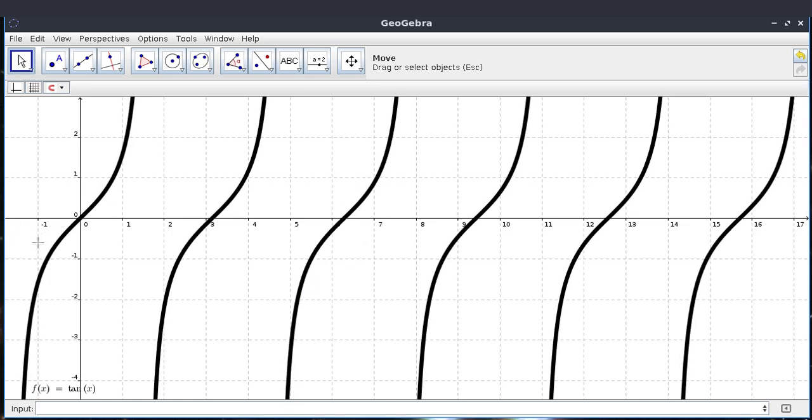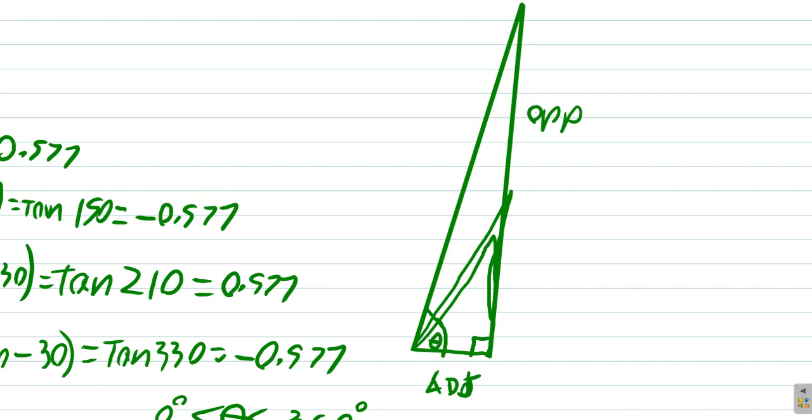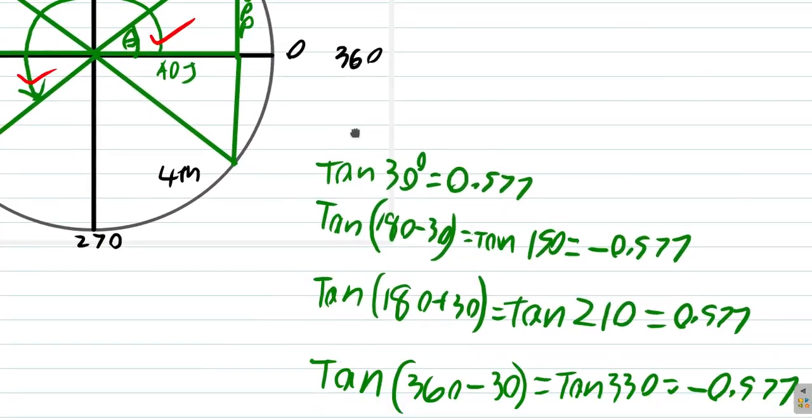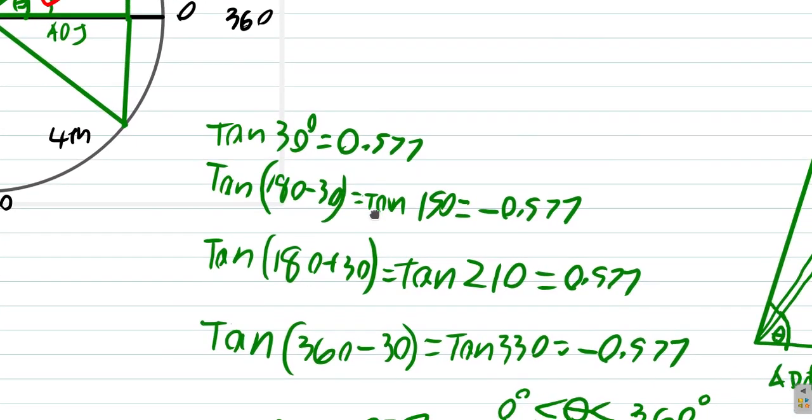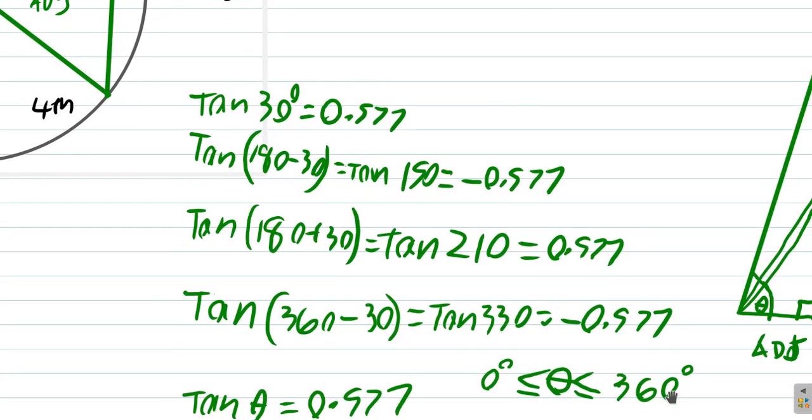Now, here, you're going to draw a line across. What would happen? You would have, for example, tan 30 degrees.